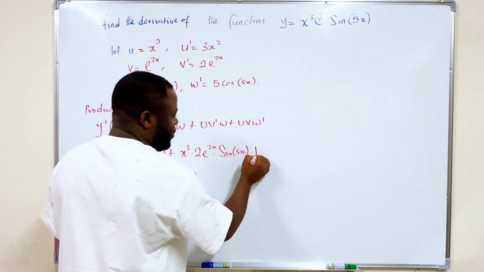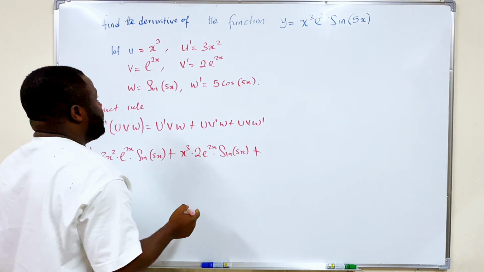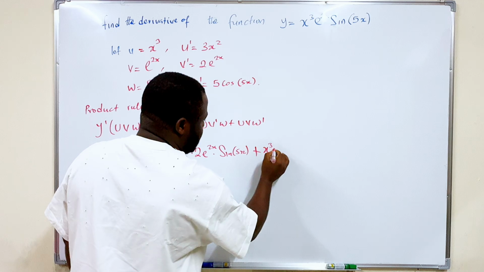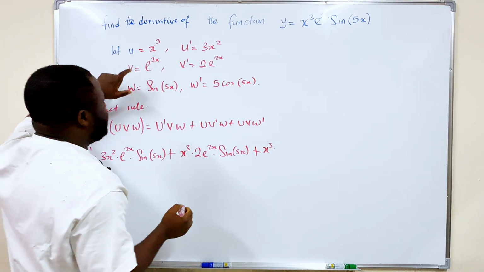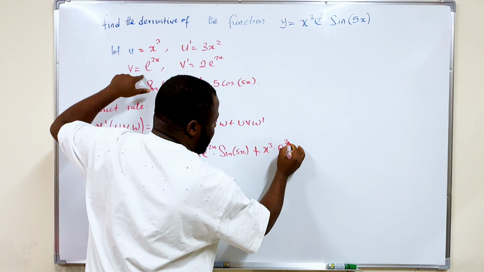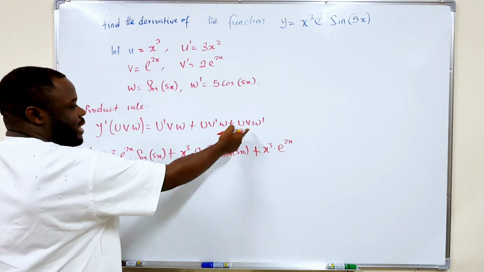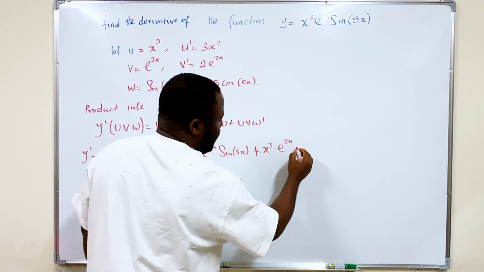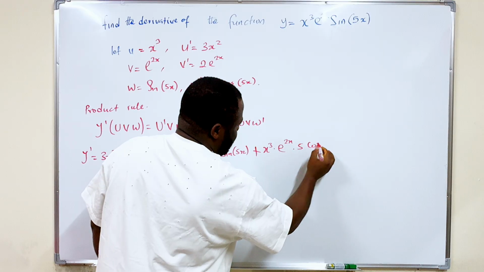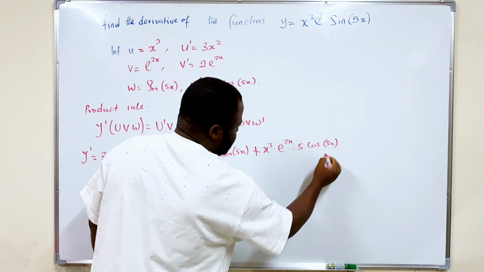Now the last term: u, which is x cubed, multiplied by v, which is e to the power of 2x, then w prime, which is 5 cos 5x.